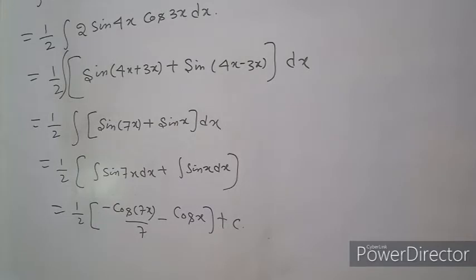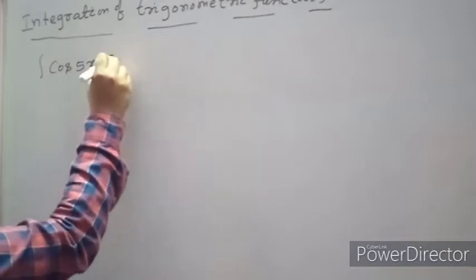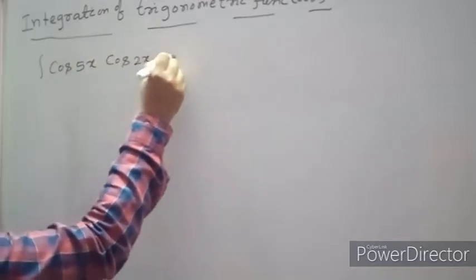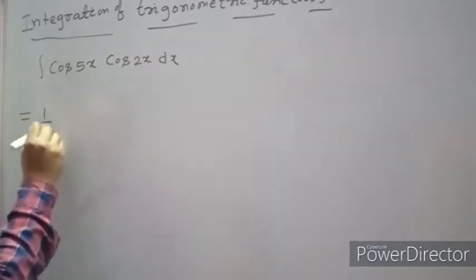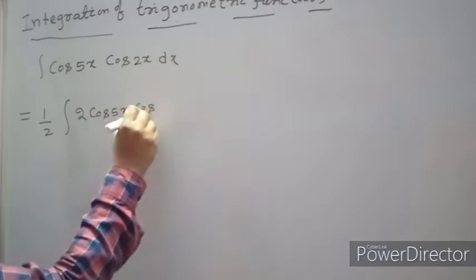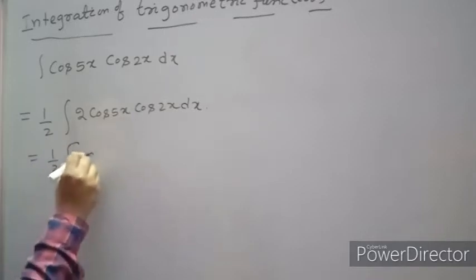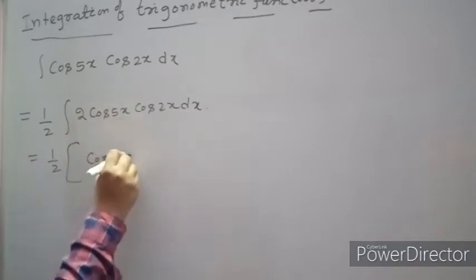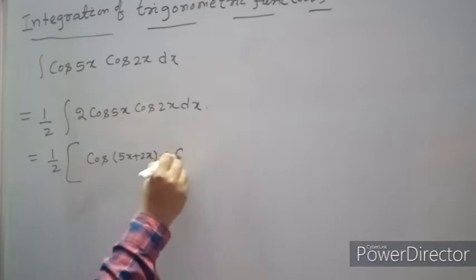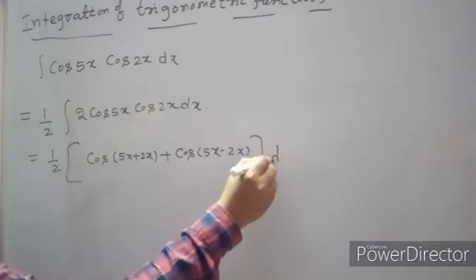Now come to another exercise, integration cos 5x cos 2x dx. In this case you have to write half integration 2 cos 5x cos 2x dx. So 1 by 2, 2 cos a cos b, cos of (a plus b) plus cos of (a minus b) dx.